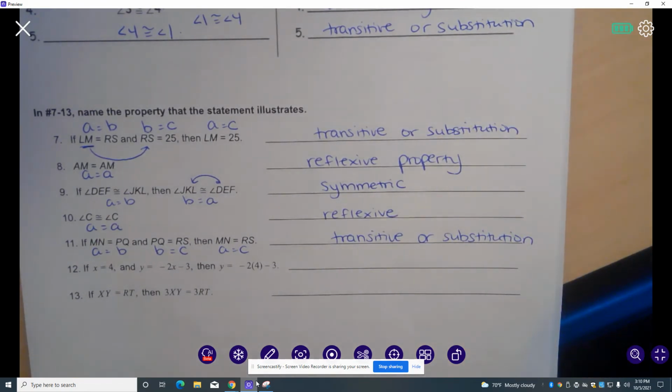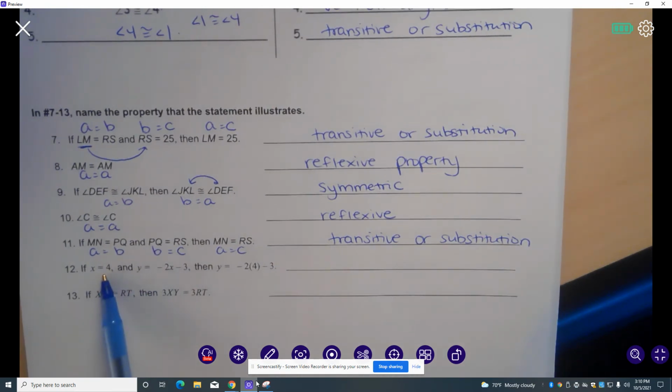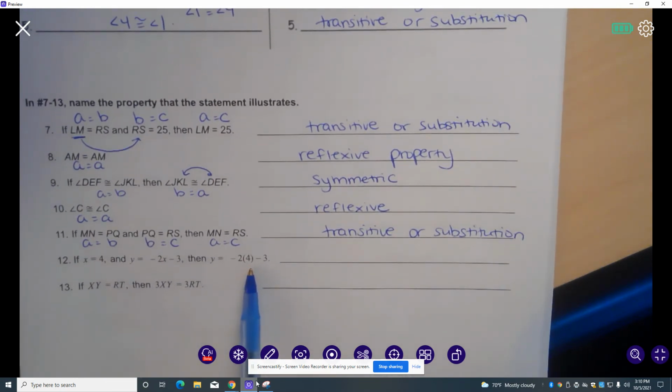If x equals 4 and y equals negative 2x minus 3, then y equals negative 2 times 4 minus 3. All right, in number 12, I want to look at my two equations here and think about what's happening to go from these two equations to my final equation.